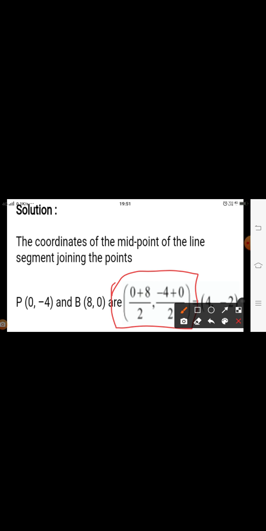We know how to get the midpoint of a line segment. On adding the x coordinates and dividing that value by 2, and adding the y coordinates and dividing that value by 2, we get the midpoint as (4, -2). Now the two points we have are (0, 0) and (4, -2).